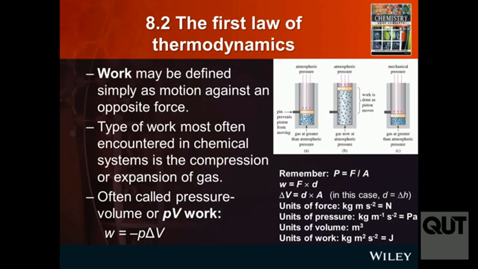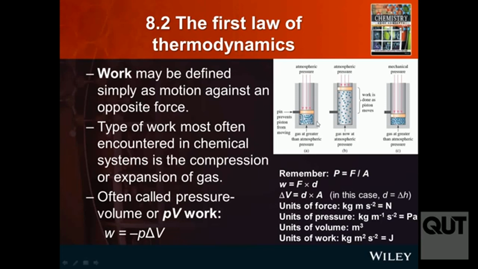Now work can be defined simply as motion against an opposing force. We defined what work was before, and I'm reminding you of the units of force, pressure, volume and so forth. The type of work that's most commonly encountered in a chemical system is the compression or expansion of a gas.